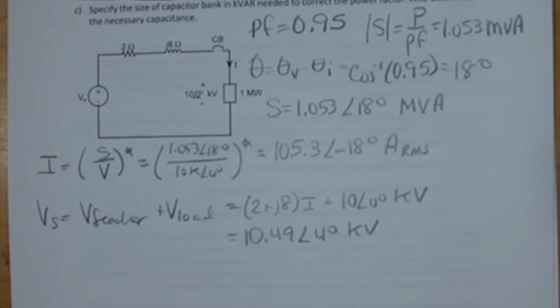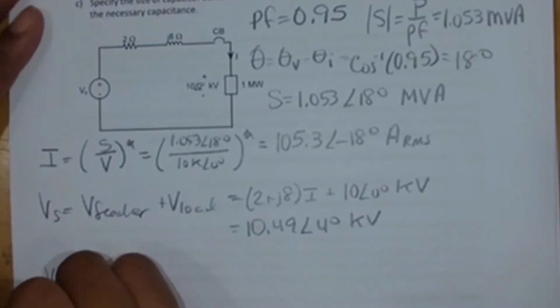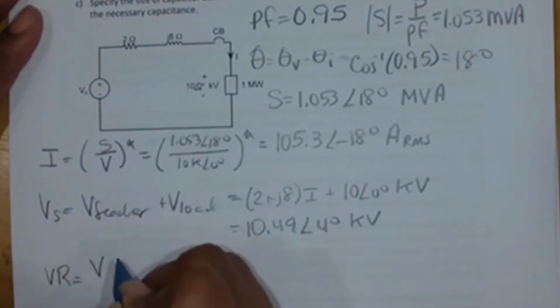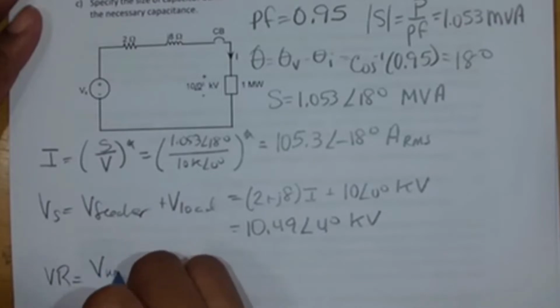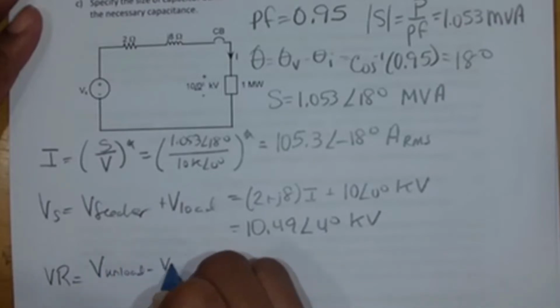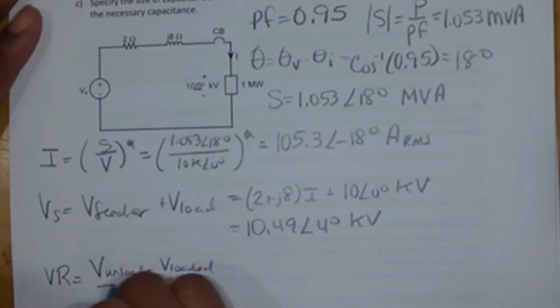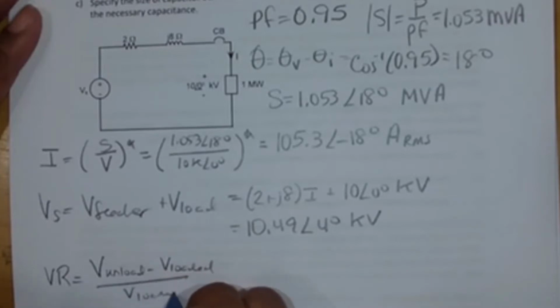So now, what about my voltage regulation? My voltage regulation is the voltage unloaded minus the voltage loaded divided by the voltage loaded.